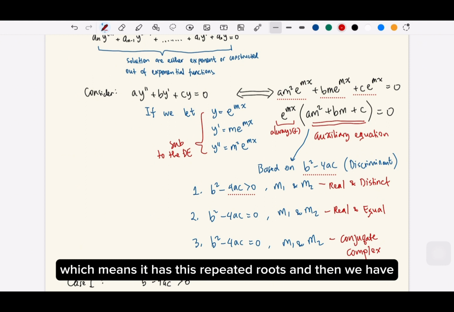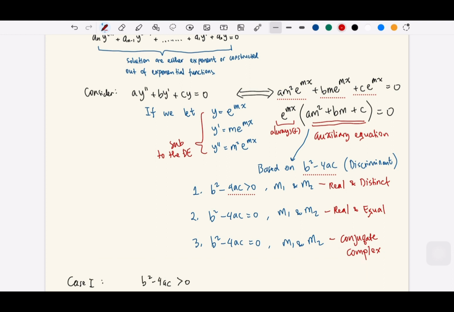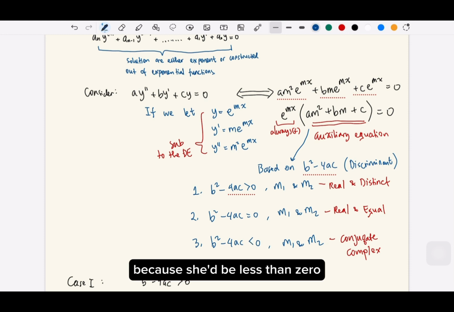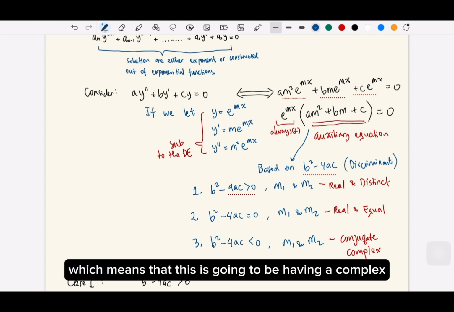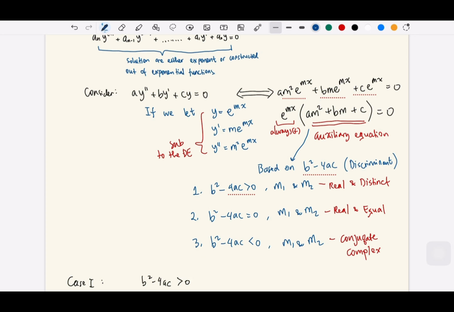And then the discriminant less than 0, which means we have conjugate complex roots, or it's not a real number.